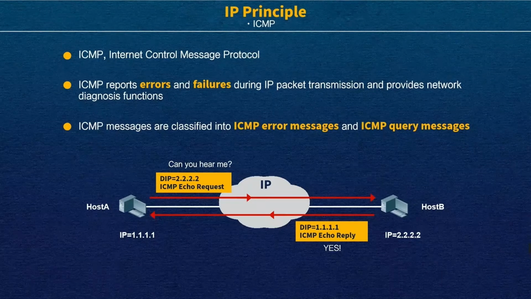If within a certain time I can send out and also receive this message, we say the network connection is ready. If not, we will use other tools to find the reason why it cannot, what the key step or key hop is that is broken. So this is the function of ICMP.